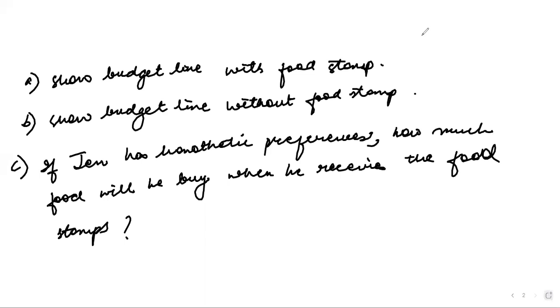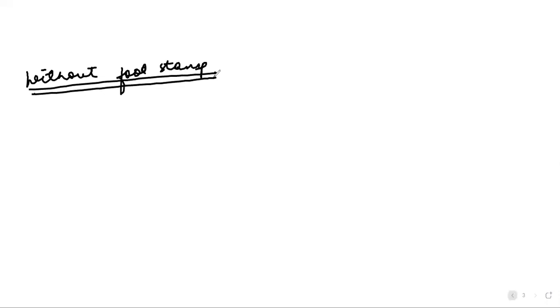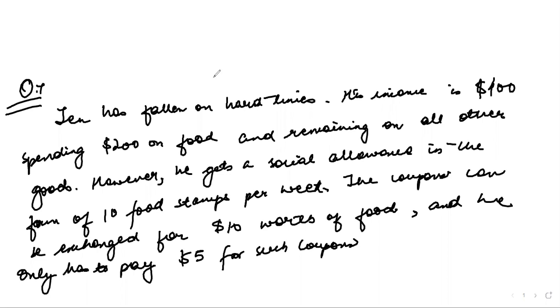Now, let us try and see what happens. I look at part B first, because as long as I don't draw the budget line without food stamp, I cannot draw it with food stamp, right? So I'm going to draw the budget line without food stamp. If there is no food stamp program, then he has a total income of 400, right?